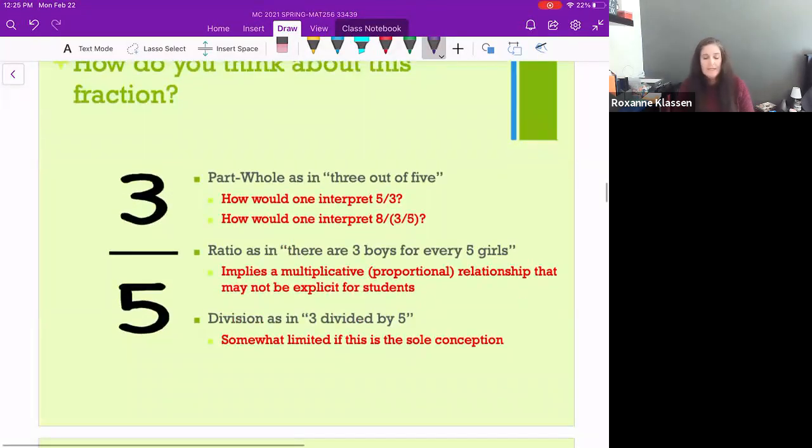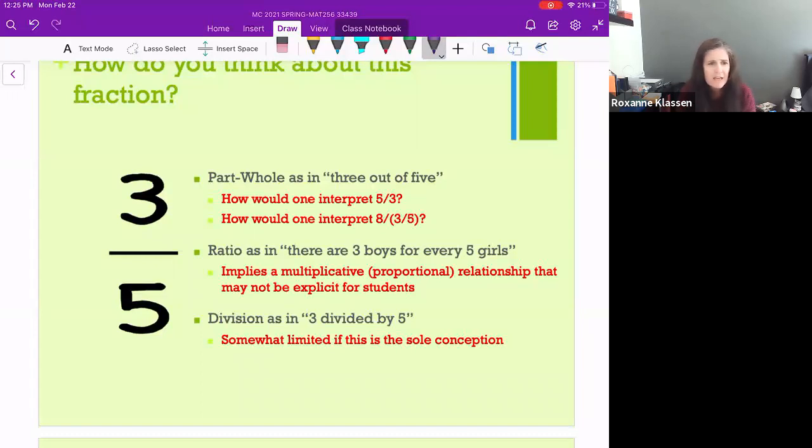Most of us have this first model in our head, the part-whole model. It's 3 out of 5, right? So they see 2 numbers, it's 3 out of 5 of them. Then here are the problems with this model. How would you interpret 5 over 3?